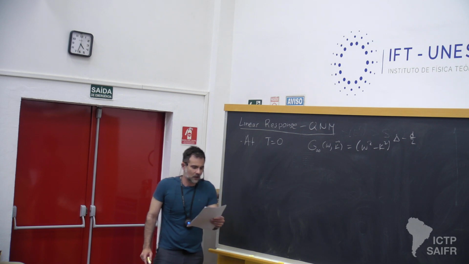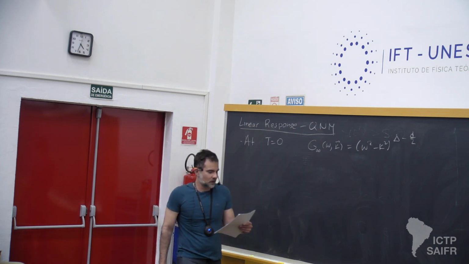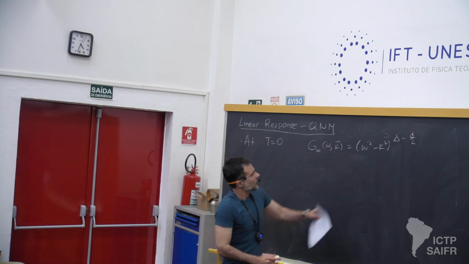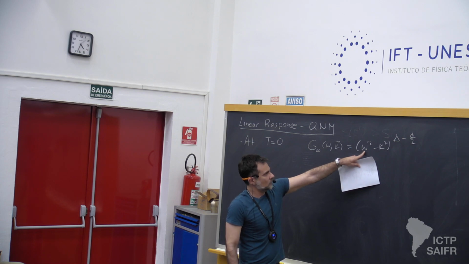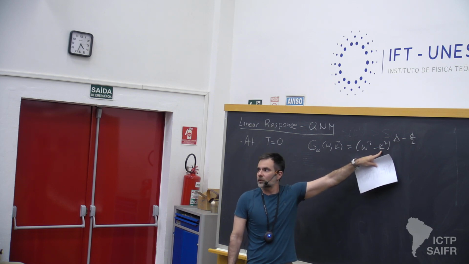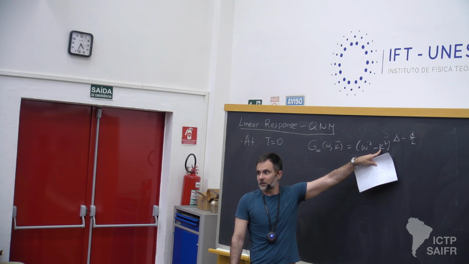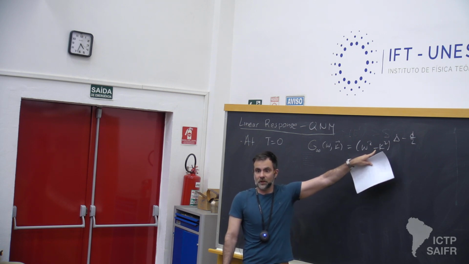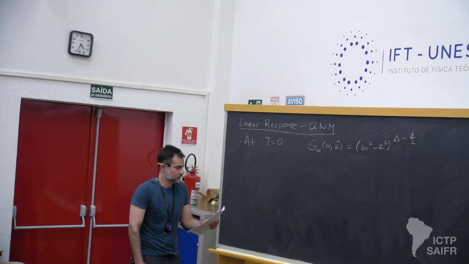Okay. So if I look at this two-point function from the omega point of view, you will see that this will have branch cuts. At omega equals plus minus k, this retarded Green's function will have branch cuts in the omega plane.